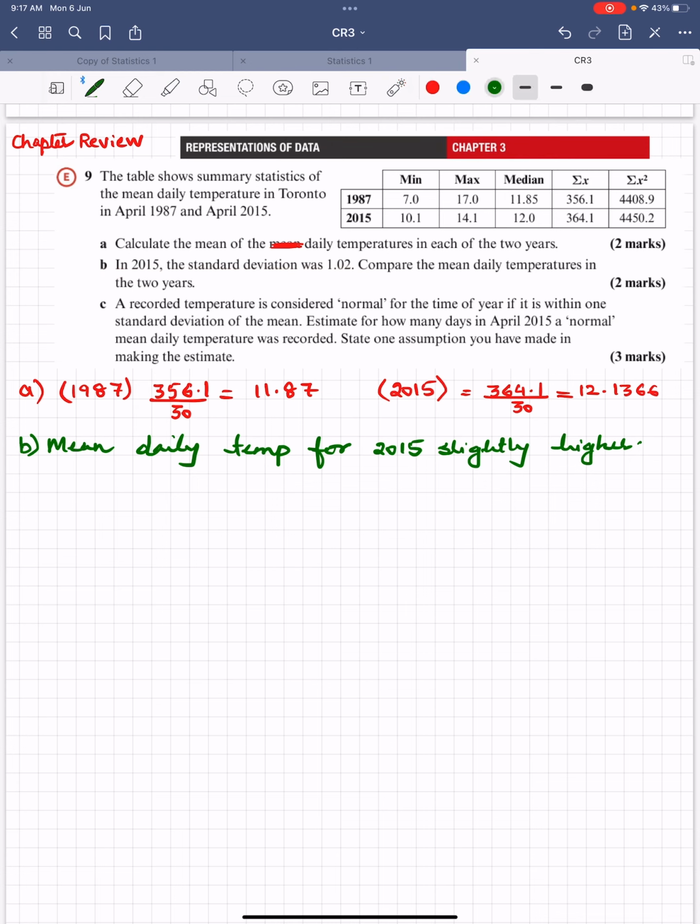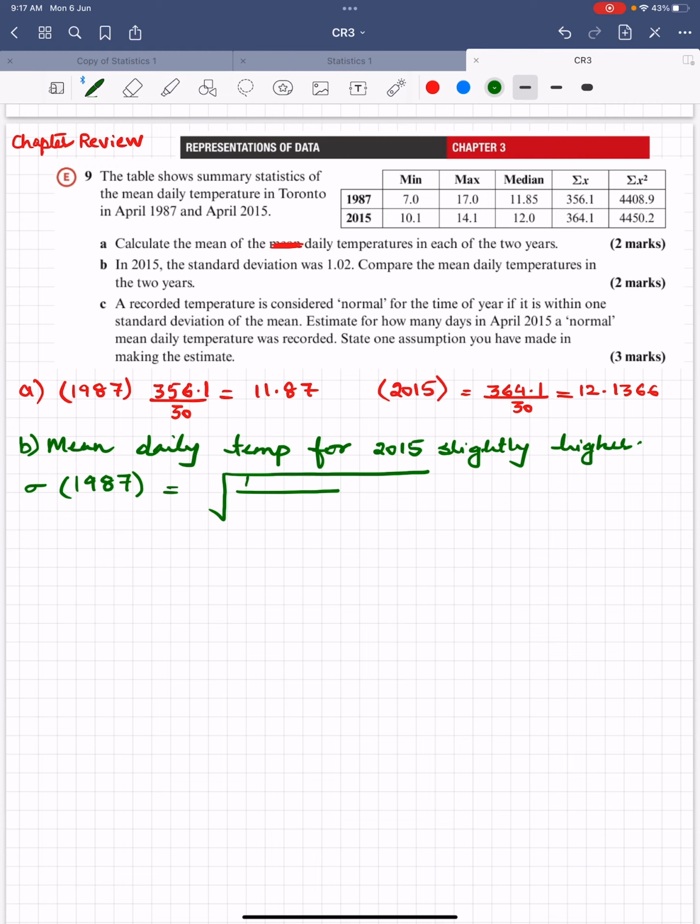So standard deviation for the year 1987, the formula is the mean of the squares. We already have the squares here for 1987. The squares are 4408.9.